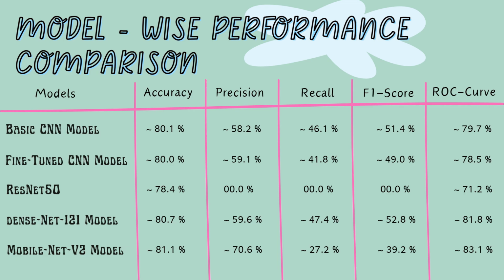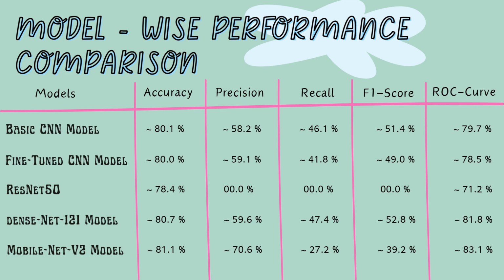Overall, MobileNet V2 strikes the best balance between accuracy and reliability, while YOLO V5, though not shown here, adds the critical visualization capability. This comparison helped us understand that no single model is perfect, which is why offering multiple options is valuable.